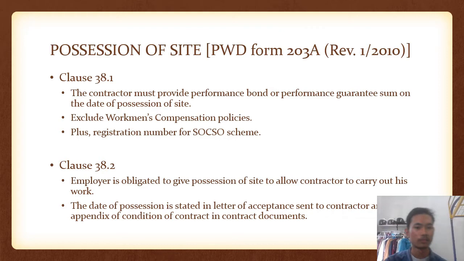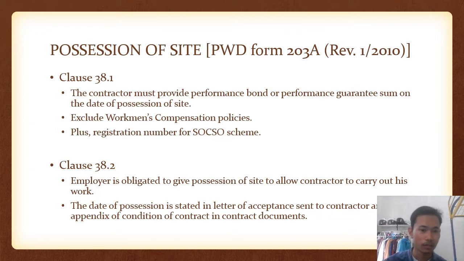Second clause, clause 38.2. The employer is obligated to give possession of site to allow the contractor to carry out his work. And the date of possession is stated in the letter of acceptance signed to the contractor, in the appendix of conditions of contract in the contract document.